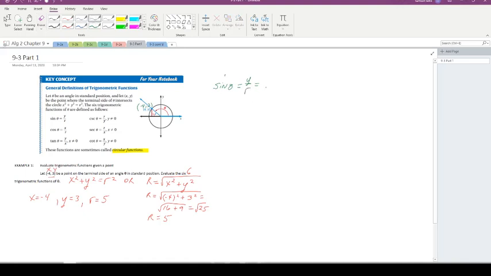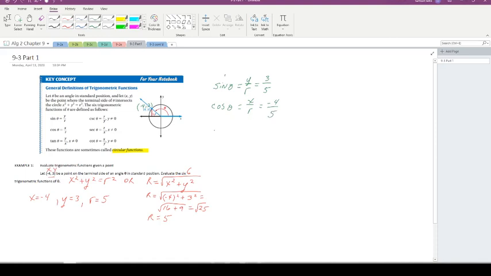So y is 3 and r is 5. Wow, that's easy. Now let's do the cosine of theta, which becomes x over r. Well, x is -4 and r is 5.